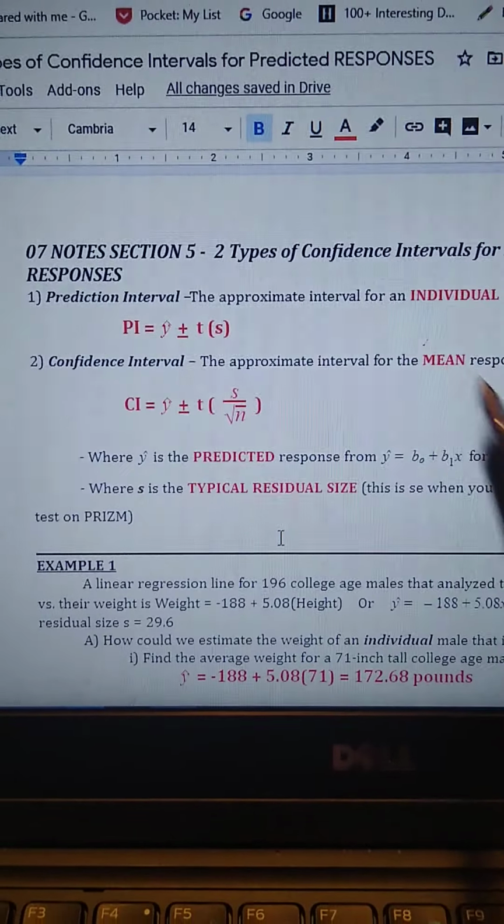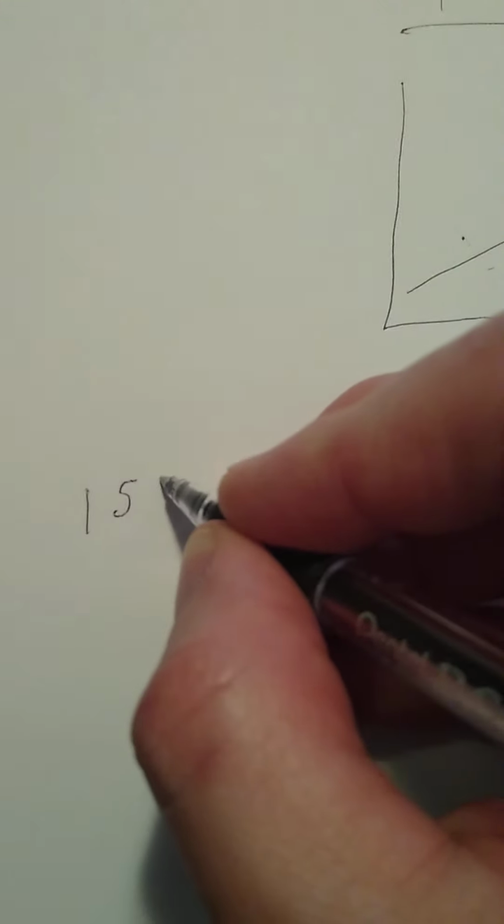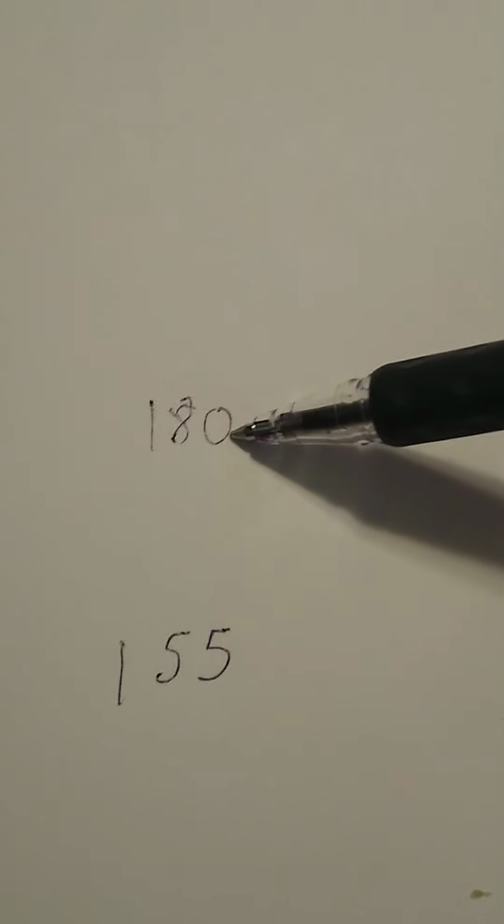But if I look at the mean responses, let's say once again that I have a prediction of 155, would I be shocked to see the mean of all of them be 180? And actually, yes, I would, because what we're talking about is all of them.